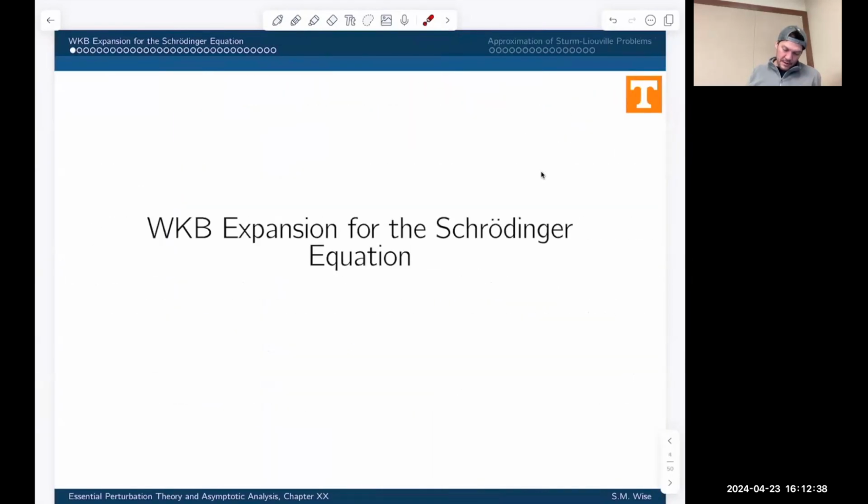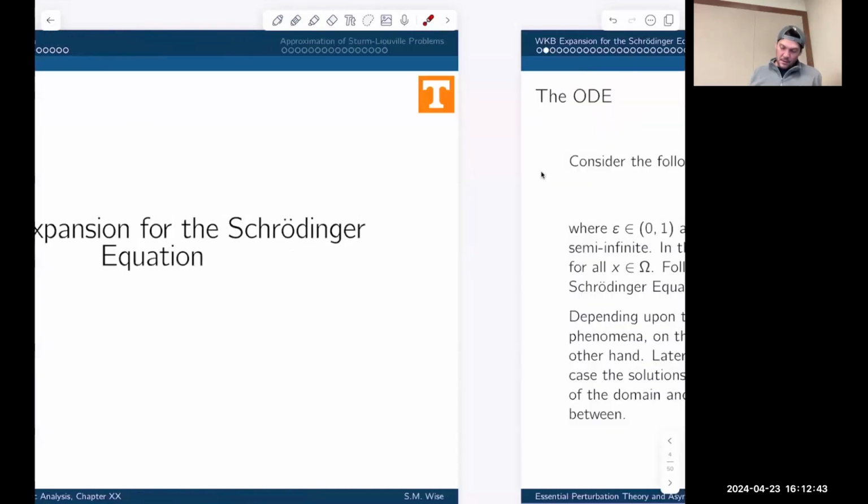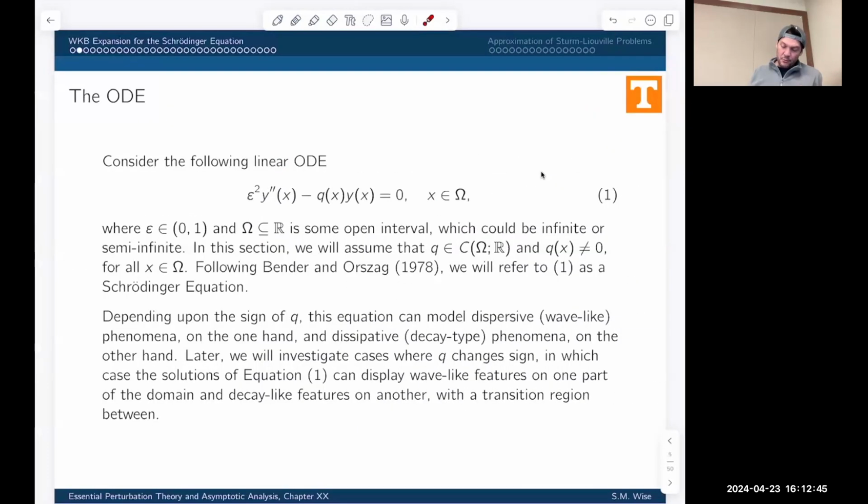Okay, so let's talk about the WKB expansion for the Schrodinger equation. First of all, I want to tell you what a Schrodinger equation is. This is not the Schrodinger equation. This is a Schrodinger-like equation.